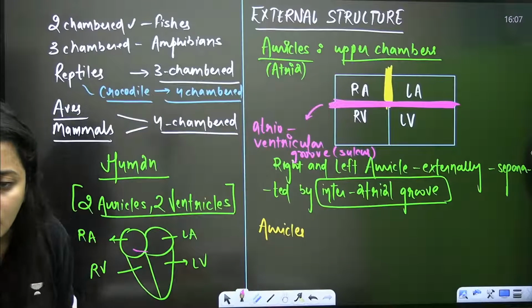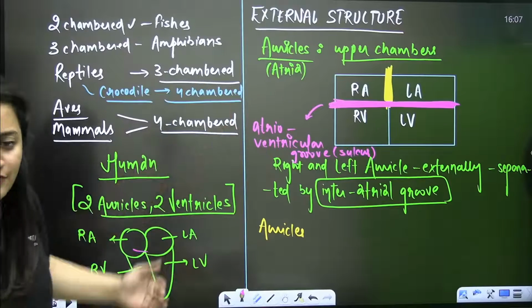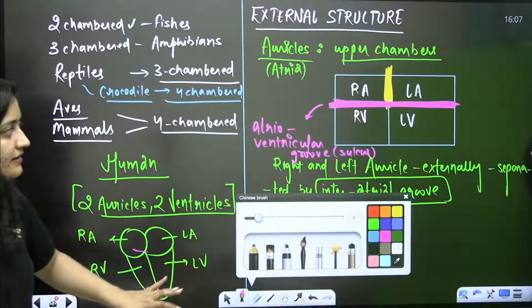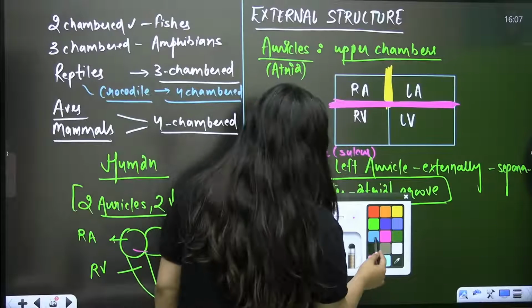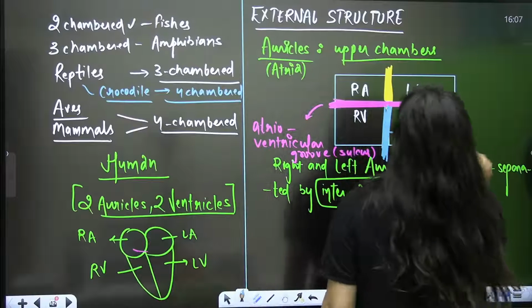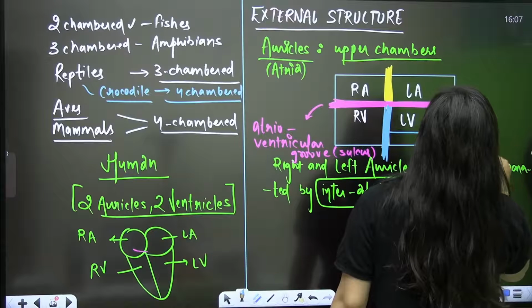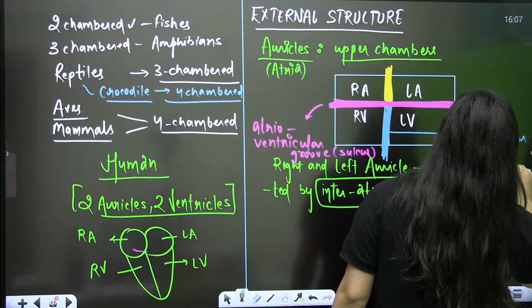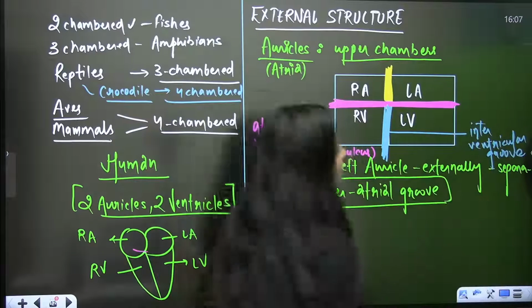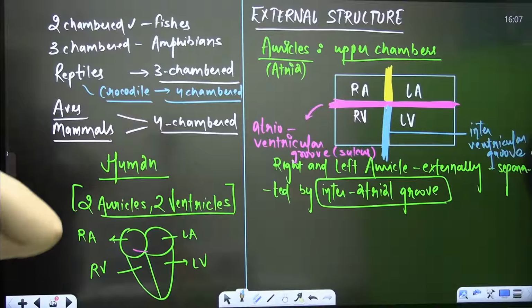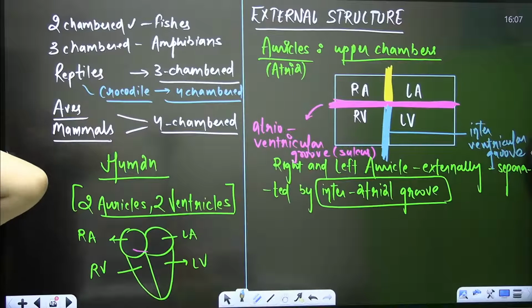I'm talking about the external structure of the heart here. Even both the ventricles, in between these ventricles, you will see the interventricular groove. That is how the human heart is externally separated. Is that clear?